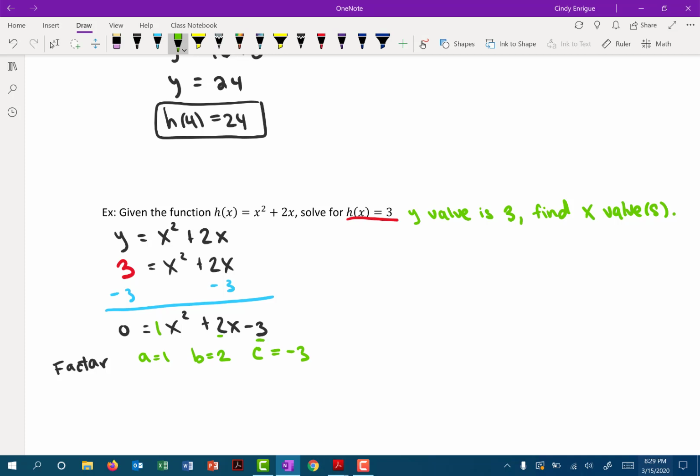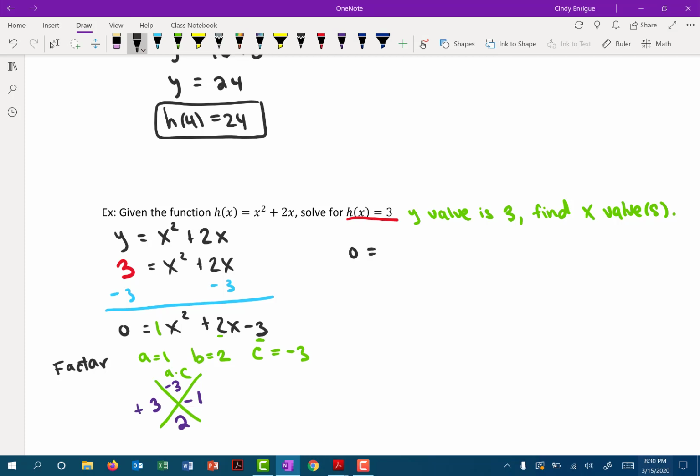So it's all of these coefficients. And if I need to write it all down, then that's okay. I know that I have a times c, which is a negative 3. My b value is 2. So two numbers that multiply to 3 are 3 and 1. And then to add up to a positive 2, it would be a positive 3 and a negative 1. And positive 3 times negative 1 is a negative 3. Therefore, I know exactly how this is going to factor.